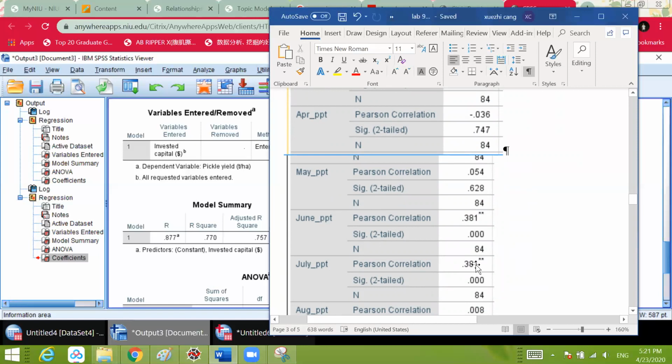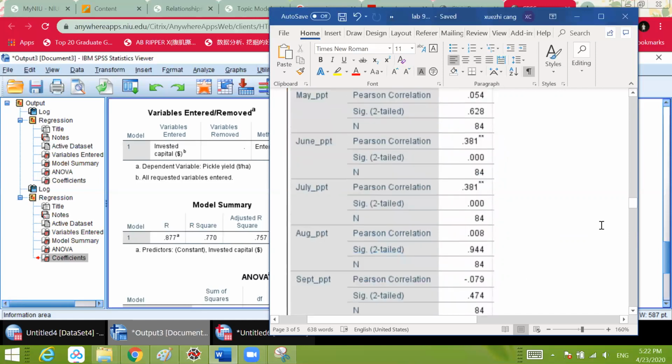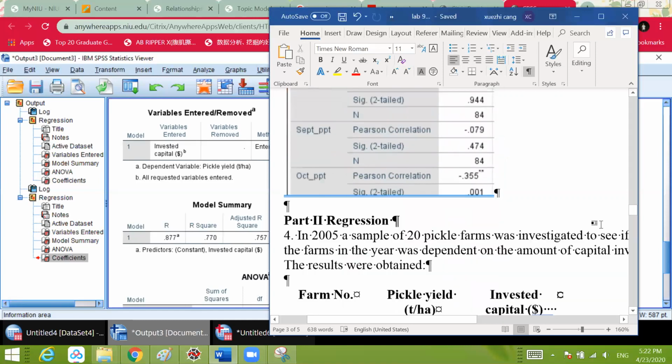So the r squared should be a very small number. Let's just assume r is 0.4. Then r squared should be 0.16. You can see here only 16% of the variation of tree ring width is explained by July precipitation. It means the explained percentage is very low.